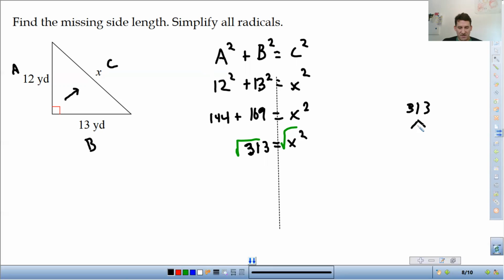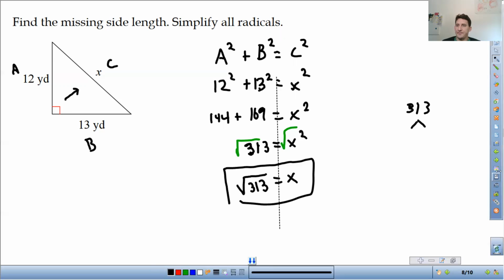Let's try 13. No. There's no buddies or anything that's going to come out here. That does not simplify at all. So we just leave it as the square root of 313. There's no partners. That one's a tricky one.